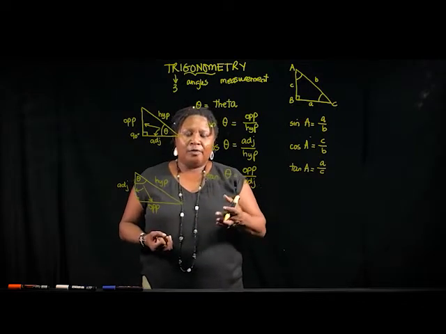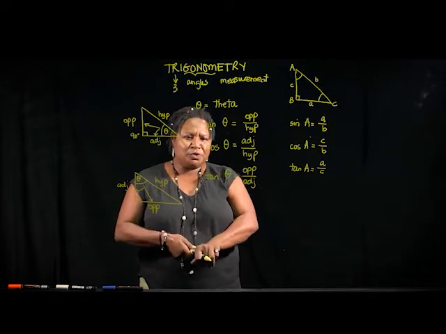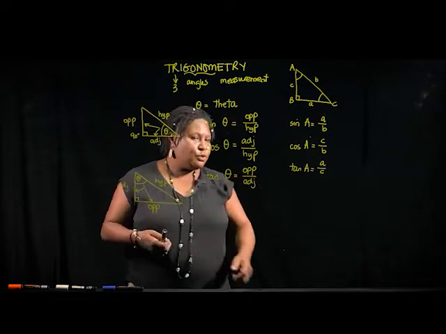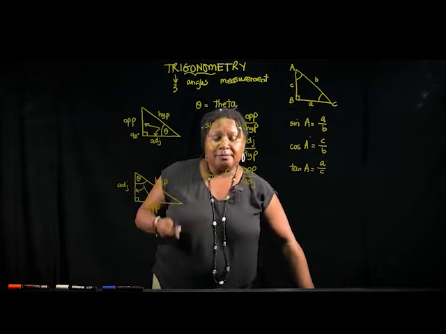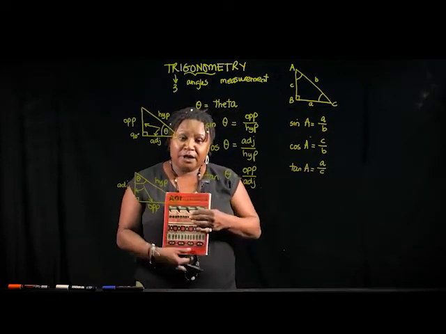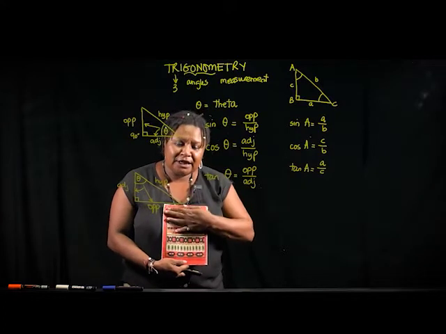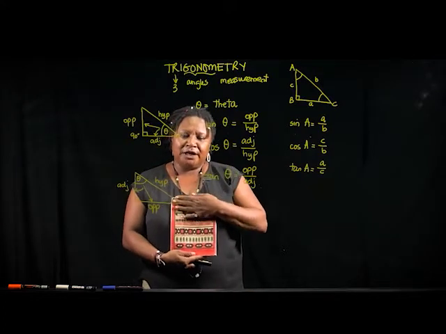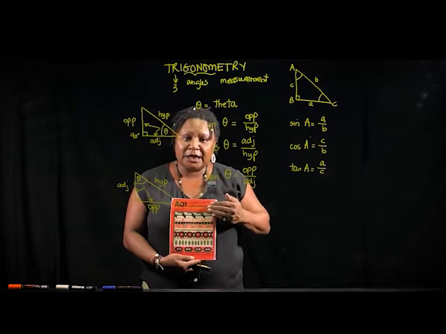Now the next thing we are going to talk about is something very important that we need to use when we are working with trigonometry. In grade 10, you would probably have seen these textbooks.